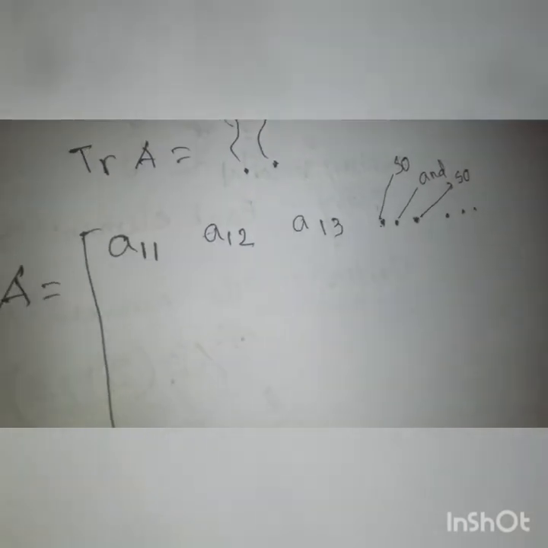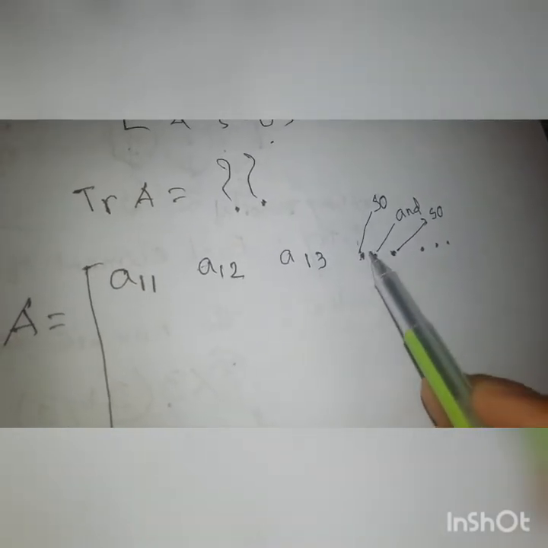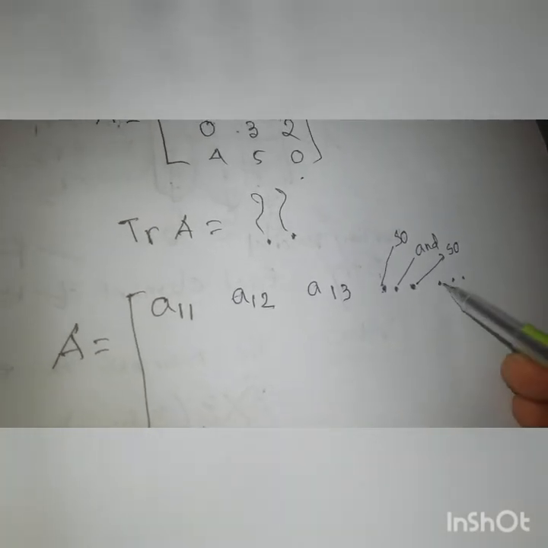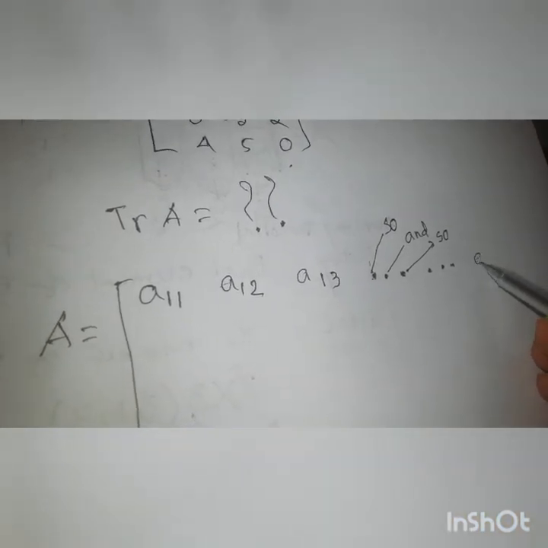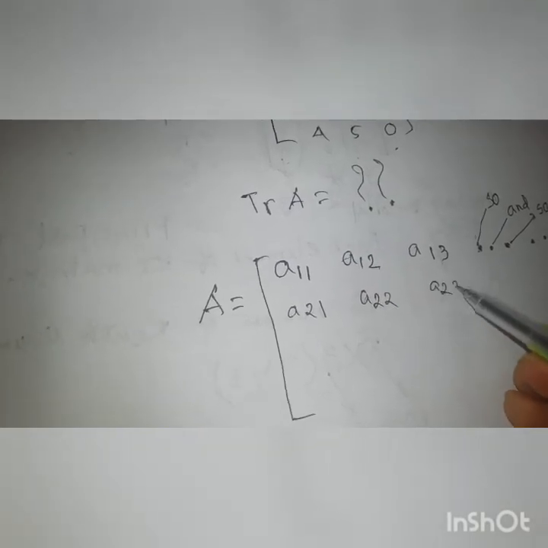These 3 dots mean there are too many entries in this row. The last entry is first row, nth column. Second row is a21, a22, a23, and so on up to second row, nth column.